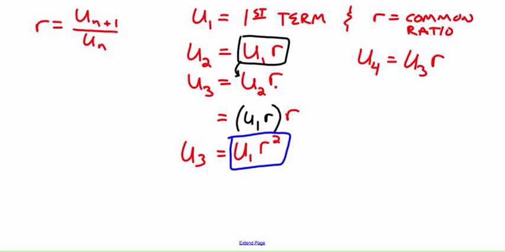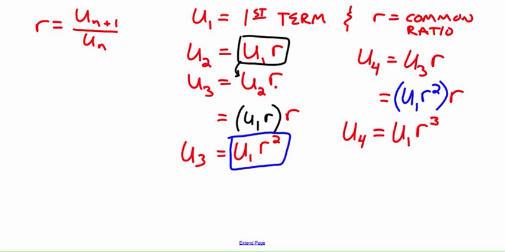So we are going to take u of 1 times r squared and multiply that by our r. We're just plugging things in here. And we are left with u of 1 times r squared times r. So think back to multiplying powers: you add up the exponents, so we're going to end up with r to the third power. So u of 4 equals u of 1 times r to the third power.